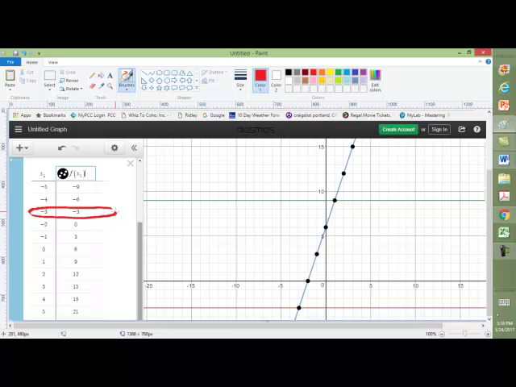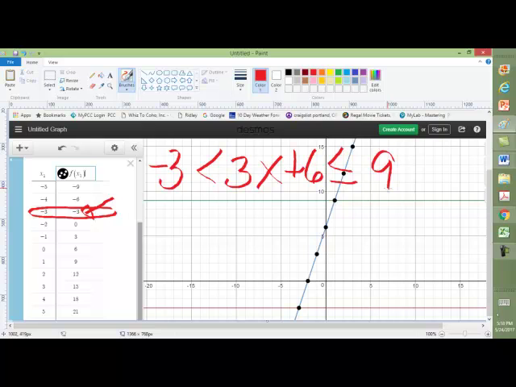So my y value here is -3, and our inequality was -3. We'll use the original inequality we had been doing: -3 less than 3x plus 6 less than or equal to 9. So we have a y value of -3 right here.